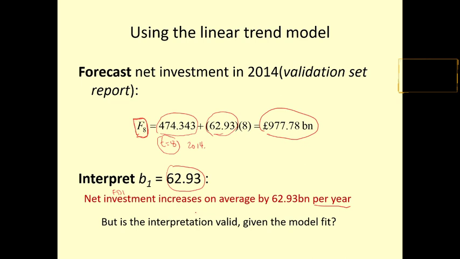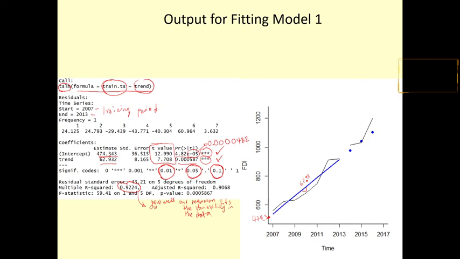But is this interpretation valid given the model fit? Yes, I think it is very valid since we have a very high R squared. As you remember from the previous slide, the fit was 92%, or 92.24%.